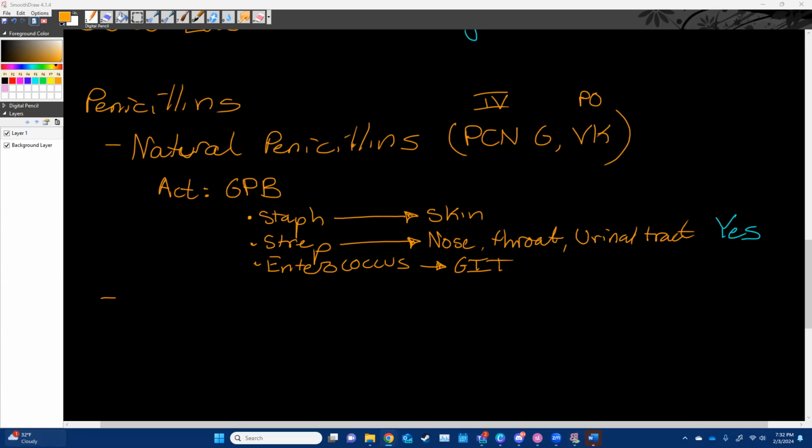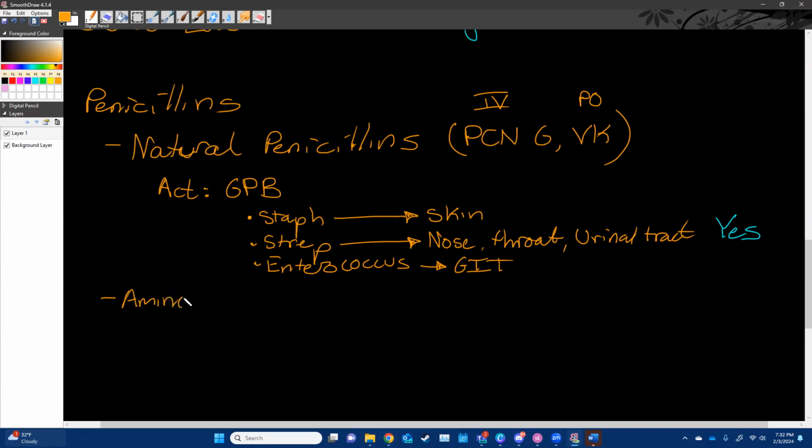So for a lot of them, it's not necessarily useful to use penicillin by itself. What was developed instead, what do we want to do first? Let's talk about the aminopenicillins.